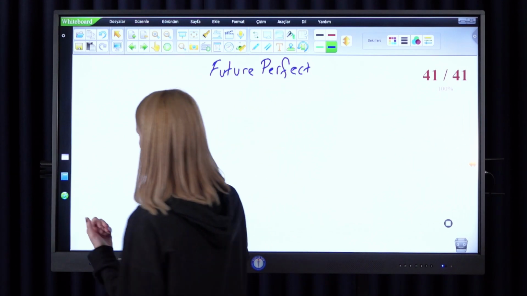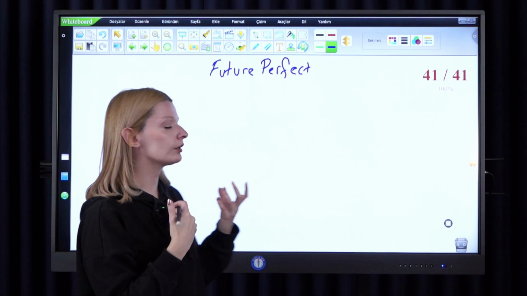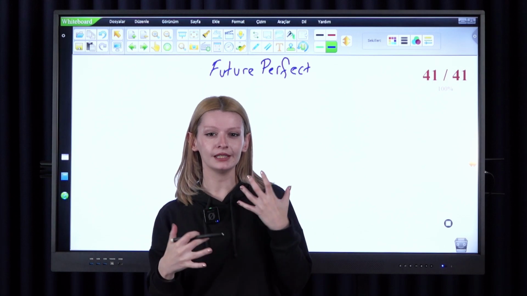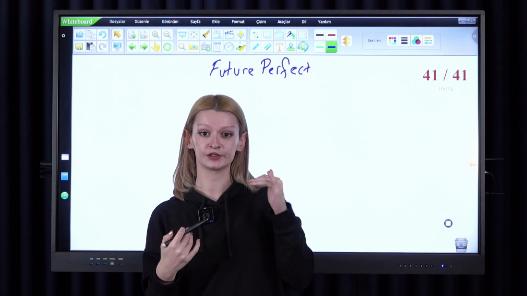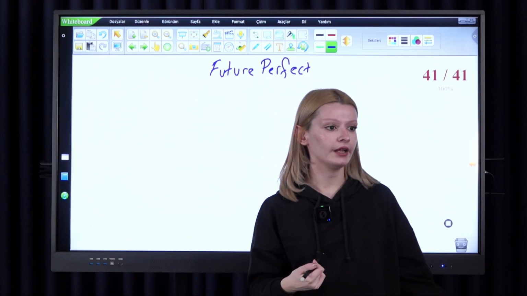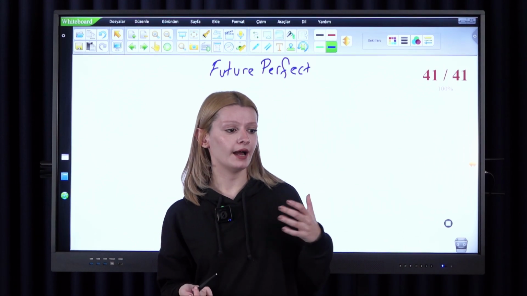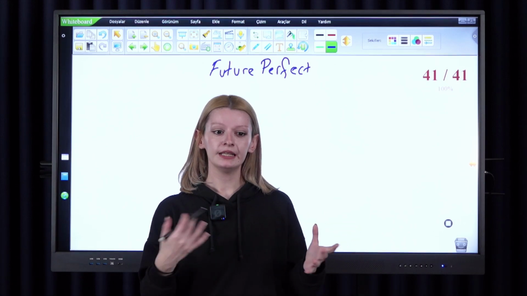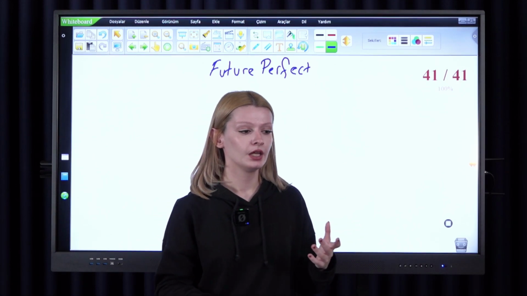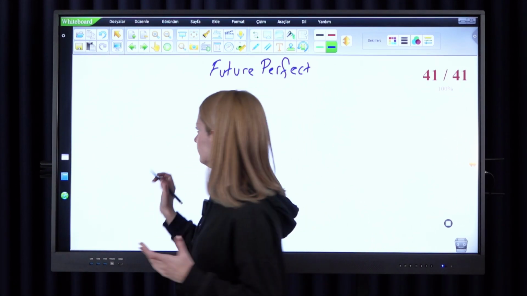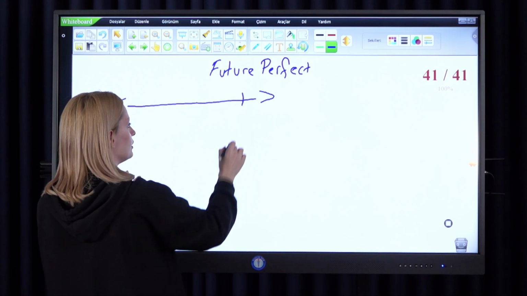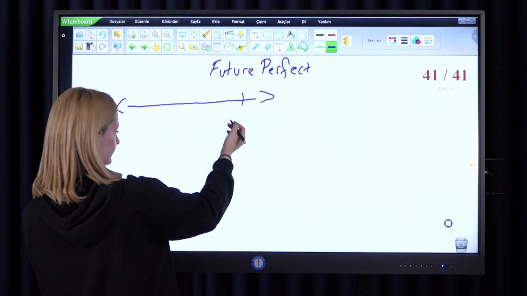For example, I am talking about 2030 and I am guessing, it is predicted that I will have been married by 2030. It's a guess, it's a prediction, and I wanted it as a grammatical structure to be done by then.